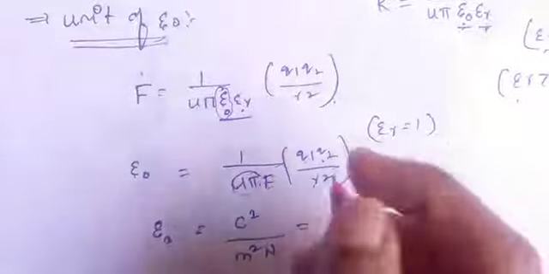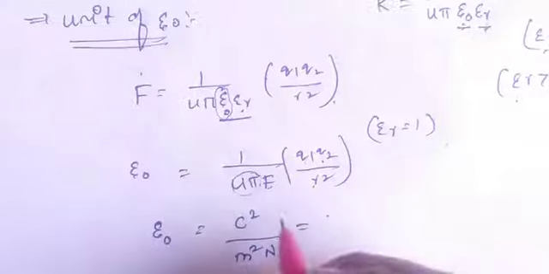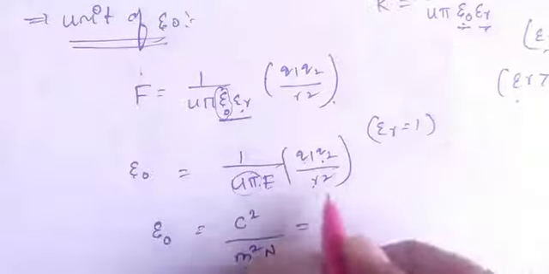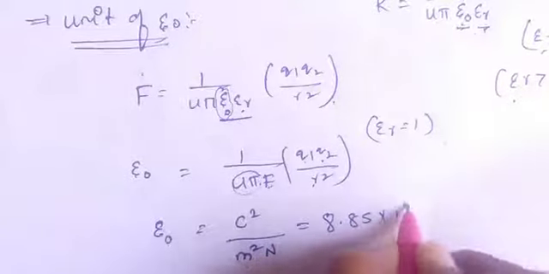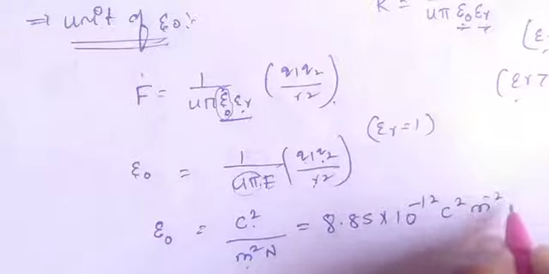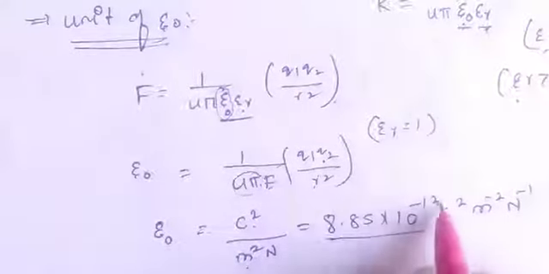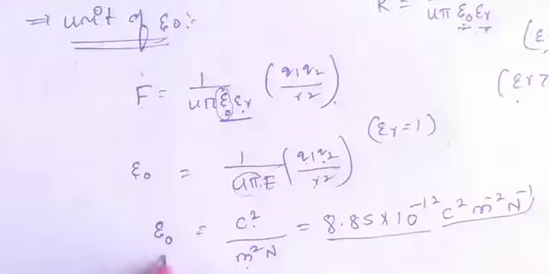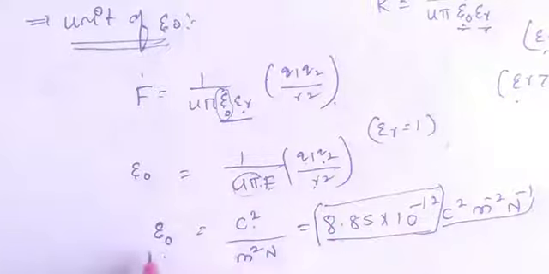By substituting the values of the Coulomb and all these constants, we get the value 8.85 into 10 power minus 12. The units are Coulomb square per meter square per Newton. These are the units for epsilon naught, and this is a constant value given for epsilon naught.